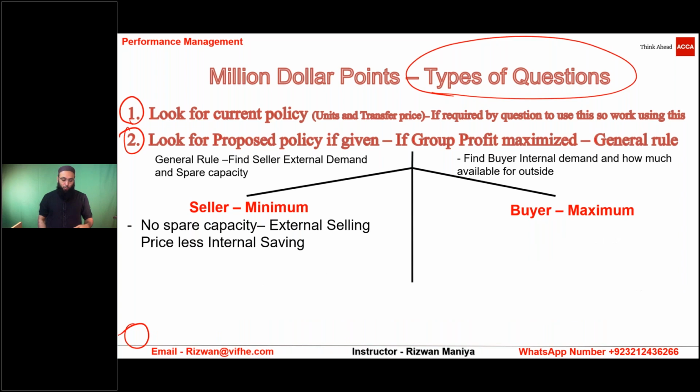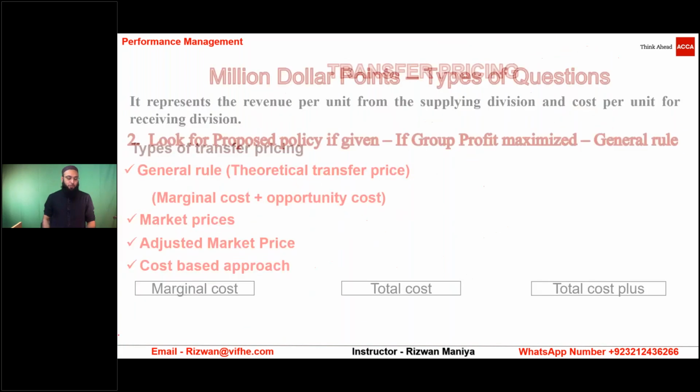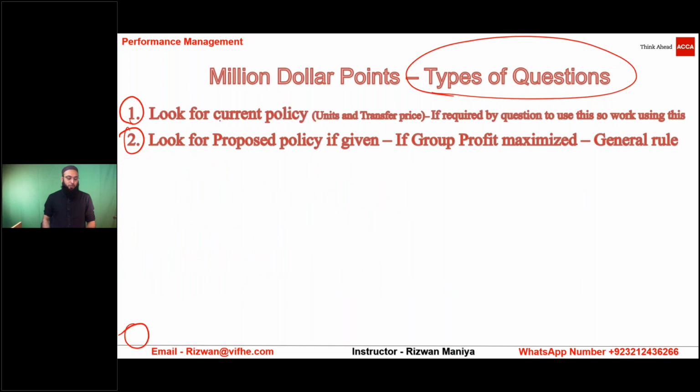Okay, so what I mean to say by all this: first of all, when you are solving a question, look for the current policy. Sometimes the examiner says this is the current policy.